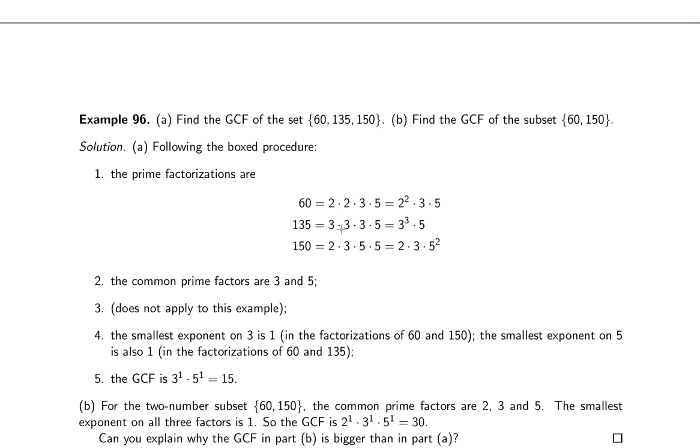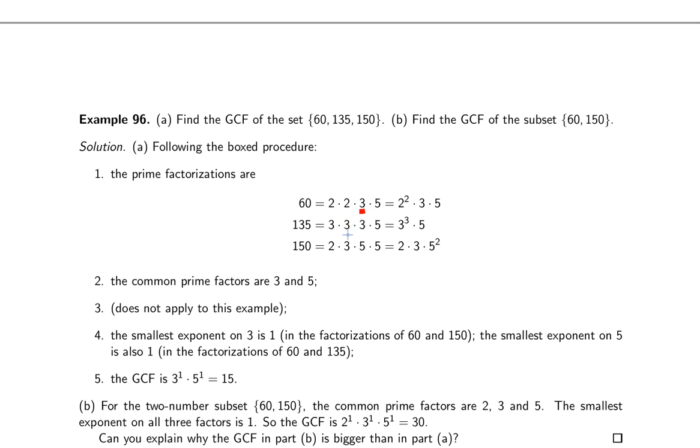So now we want to see what's common to all 3. This middle one has no 2's, so 2 is not a common factor. They do have 3's in common.